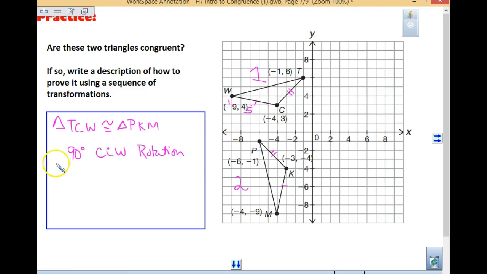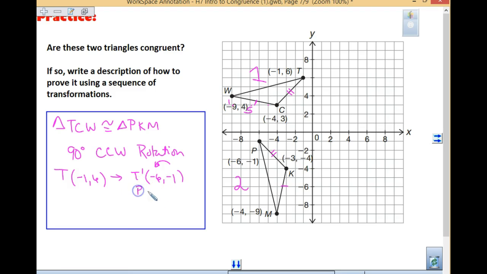So let's take a look at point T. Point T was located at -1, 6. Write that down. If I am doing a counterclockwise rotation, that means that T prime, the first time I do that, should give me what point, Sanjay? -6, -1.